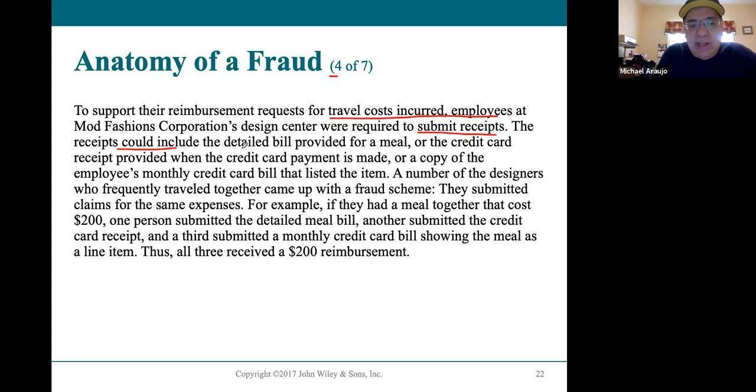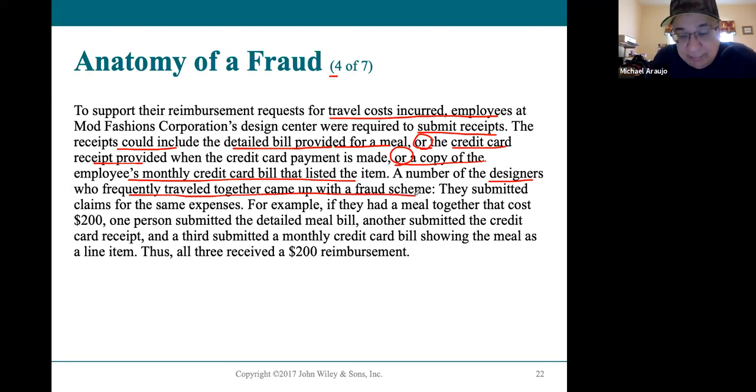The first thing is a detailed bill for the meal, or the credit card receipt for the meal, or a copy of the employee's credit card bill that listed the item. So a number of the designers who went on this traveling spree came up with a fraud scheme.